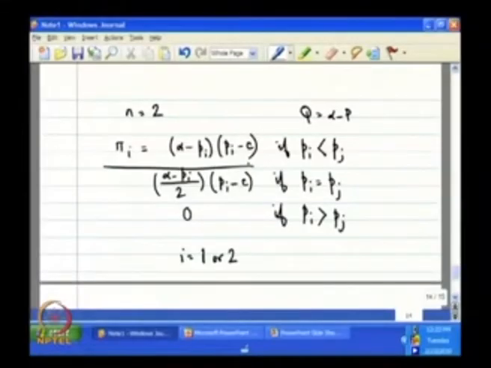However, if I look at this profit function, pi i is equal to alpha minus p multiplied by pi minus c, this profit function tells me that at a particular price, it must be attaining its maximum. It is going to be a concave profit function. Which means that if my rival is not there in the market, there is an optimum price at which my profit is maximized, and that is the monopoly price.